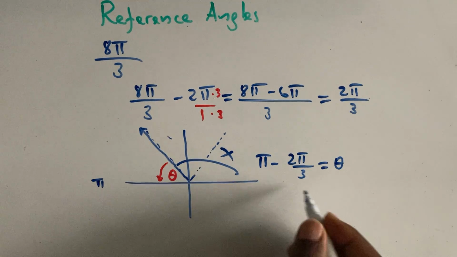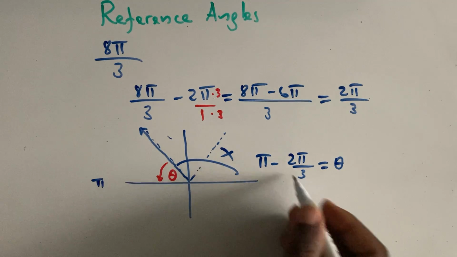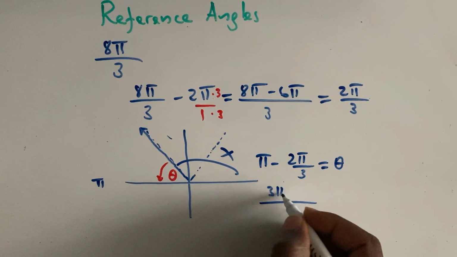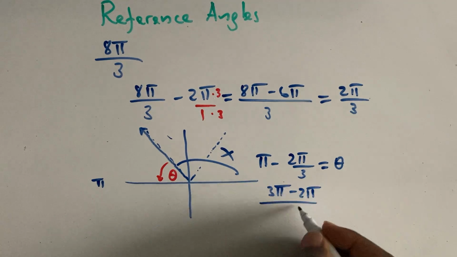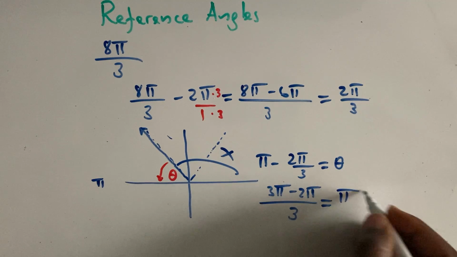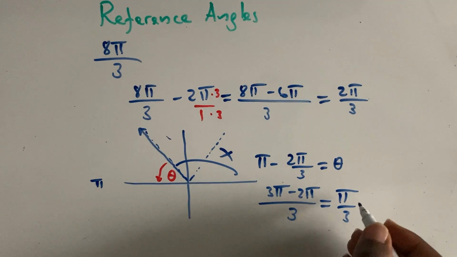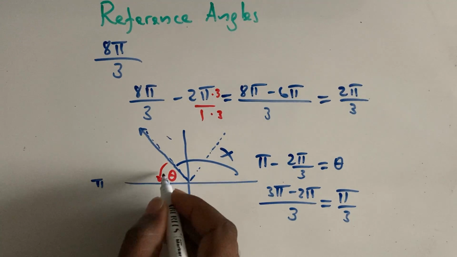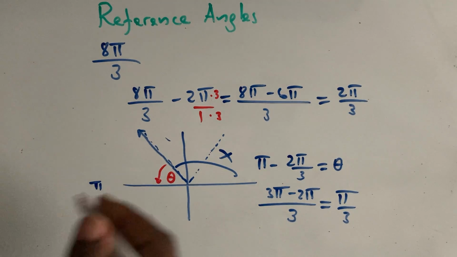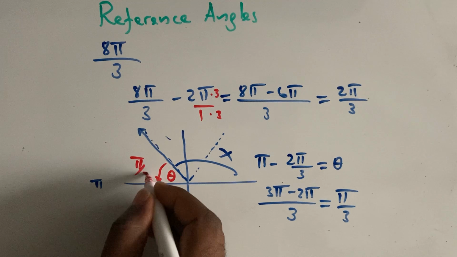Okay, in this case, again, the same way, LCD is 3, so this will be 3 pi minus 2 pi over 3, which is pi over 3. So this is it right here, theta is pi over 3. Okay, so this is how you get reference angles.